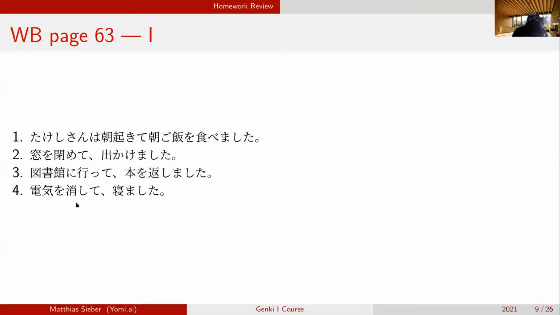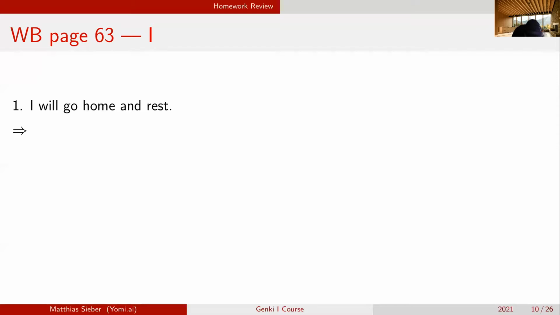San ban, toshokan ni itte hon o kaeshimashita. And then denki o keshite nemashita. Okay, so I will go home and rest. James-san, what do you have? That is page 63, Roman numeral 1. Uchi ni itte watashi wa nemasu.